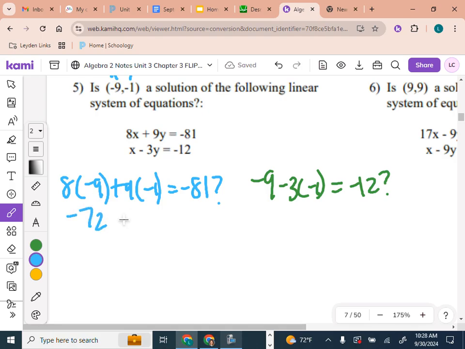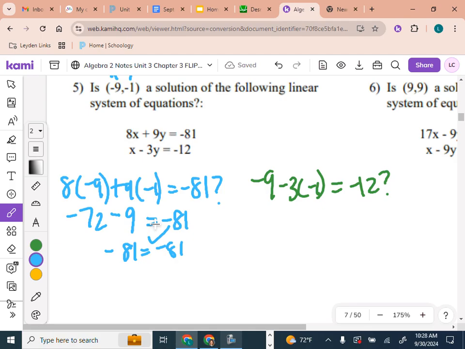Negative 72 minus 9, right? Does that equal negative 81? What's negative 72 minus 9? Negative 81. Cool. Good there, right?